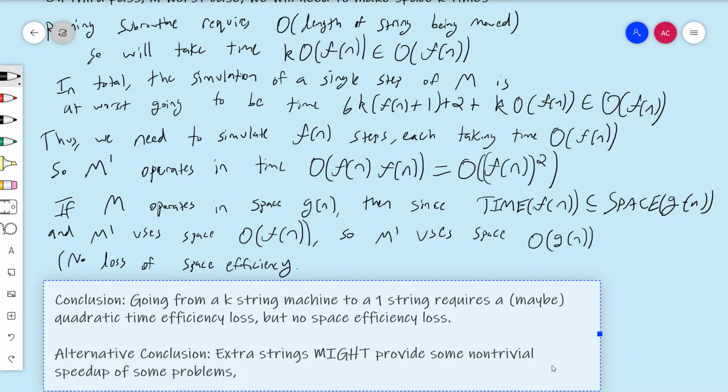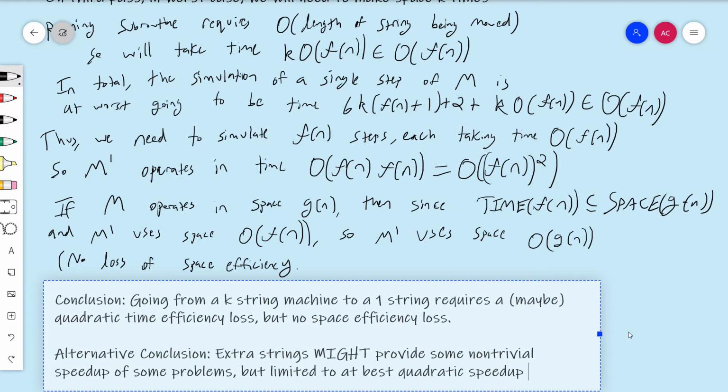But it's limited to, at best, quadratic speedup. So it could be better. I'm going to show you why it's better. It's objectively better, assuming that our simulation is optimal, which I'll justify in a second. But it's better, but it's very limited.